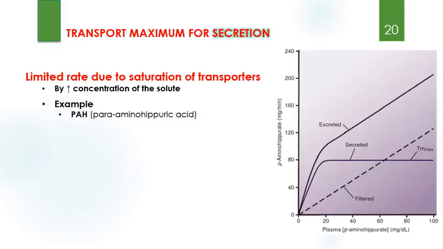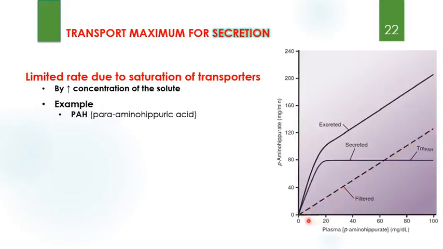It is true with secretion as well. When the concentration of the solute that is supposed to be secreted, for example PAH, or para-aminohippuric acid, increases in plasma, the filtered load of PAH will increase in a rectilinear manner.